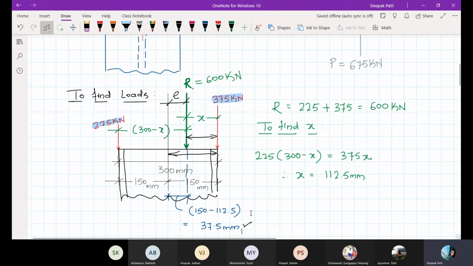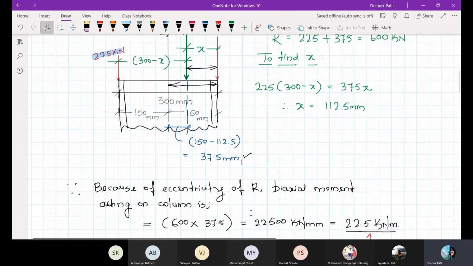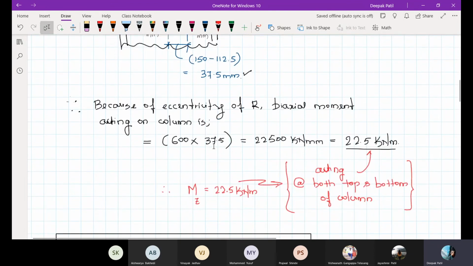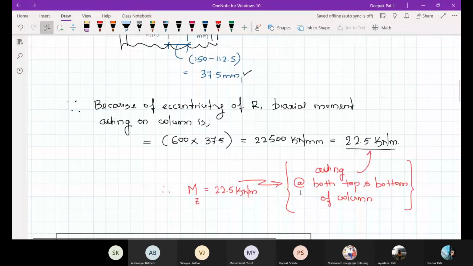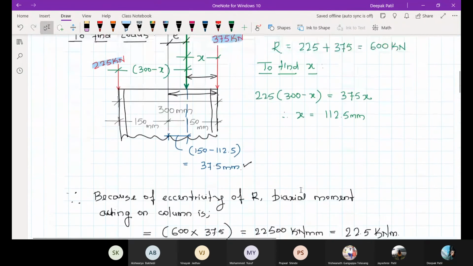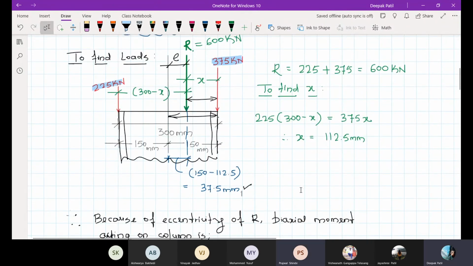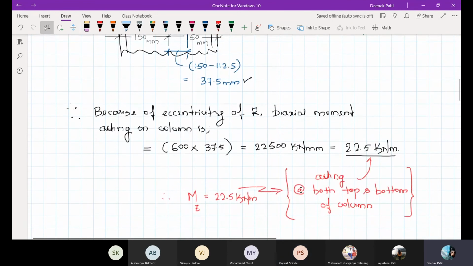So the bending moment acting on the column is simply 600 multiplied by 37.5, which is 22.5 kilonewton meter, acting at both top and bottom of the column, and which is nothing but Mz. Are you clear, students? Yes, sir. So this is how you have to calculate Mz.